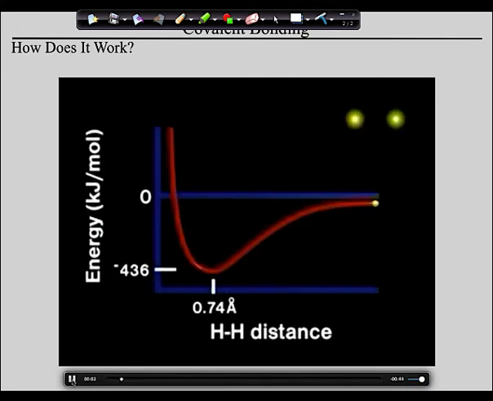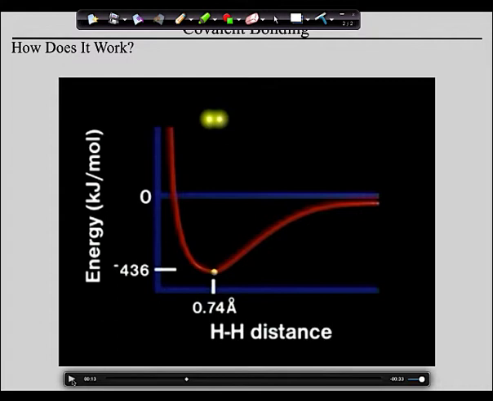How does this bond form? When two hydrogen atoms approach one another, weak attractive forces operate between them. As they approach more closely, their 1s orbitals overlap more extensively. So guys, notice that as their 1s orbitals overlap, energy is released. How do we know that energy is released? We see the energy curve drop. Now again, why is energy being released?